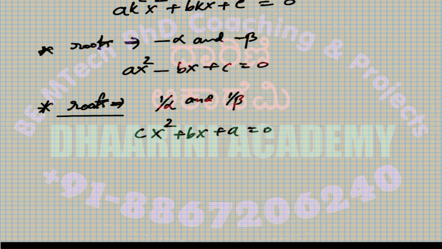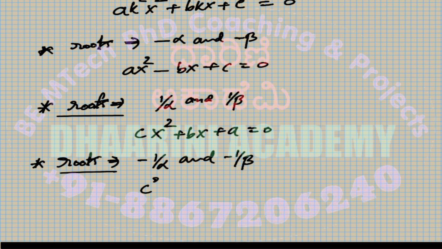Then the next point, you change the roots from alpha and beta to minus 1 by alpha and minus 1 by beta. Then the equation will change to c into x square minus b into x plus a is equal to 0.